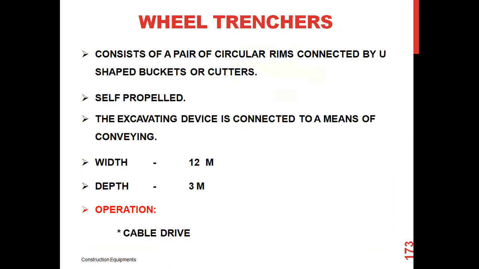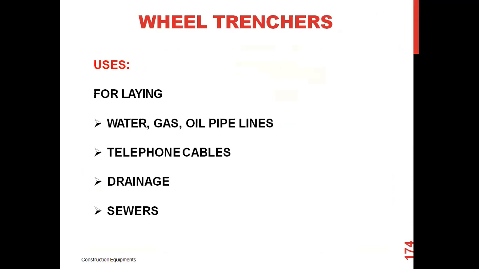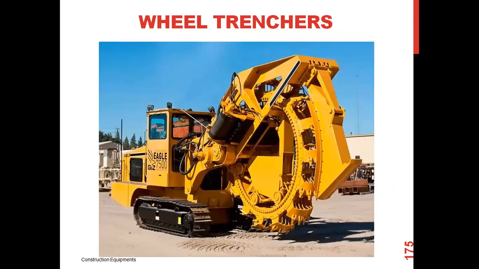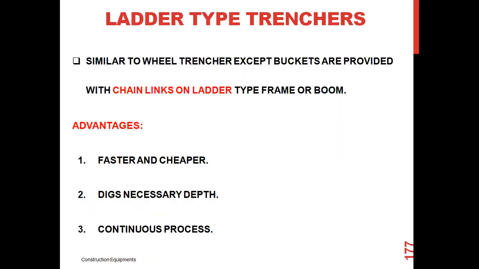The self-propelled excavating device is connected to a means of conveying, with a width of 12 meters and a depth of 3 meters. These are operated by cable drives. These are mostly used for laying water, gas, or pipelines, and also telephone cables and drainage receivers. These are the wheel trenchers.